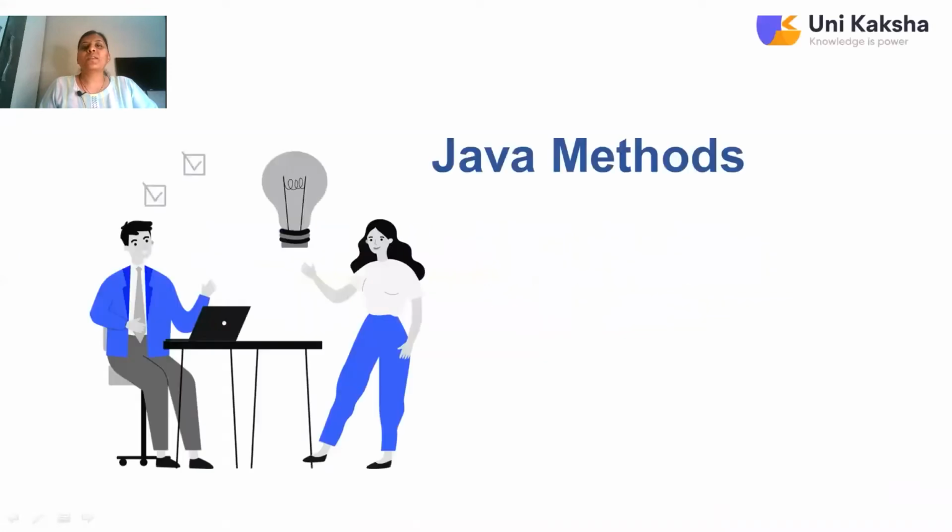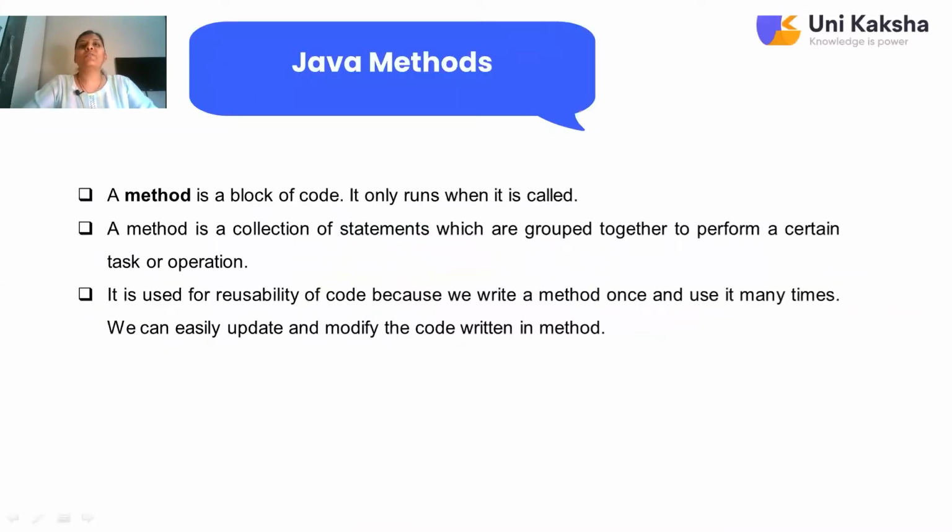Let's first understand what exactly is the meaning of a method. Basically, a method is considered a block of code which is executed only when it is called. A method is a collection of statements, or a collection of the code you include there, grouped together to perform a particular task or operation.